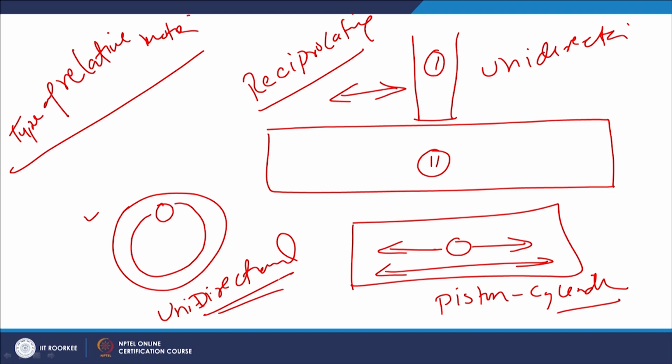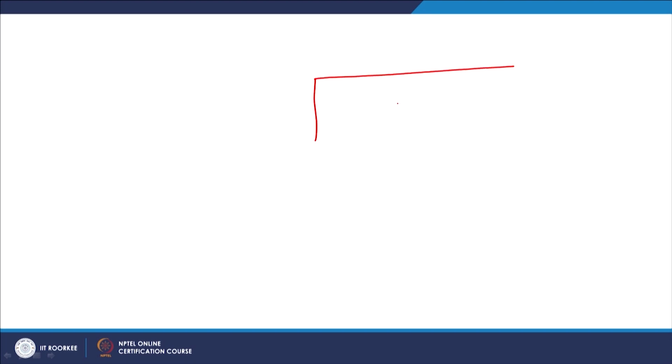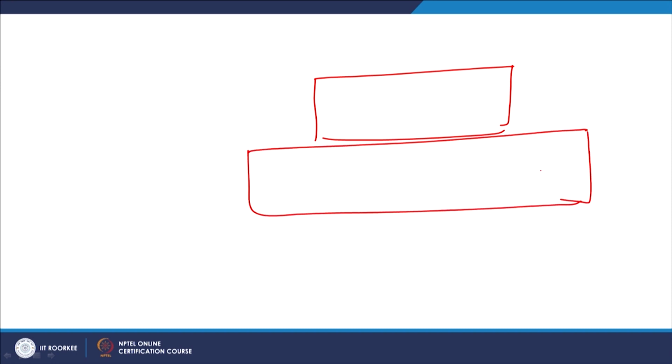Here, if this is the component and this is the counter surface, and reciprocating movement is taking place, then under adhesive wear conditions wear particles will be formed in the course of sliding.